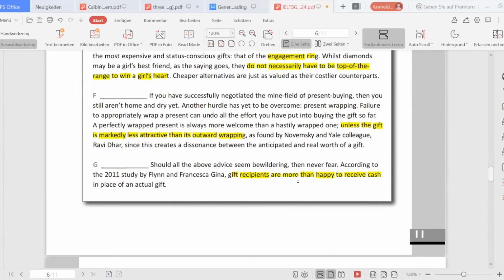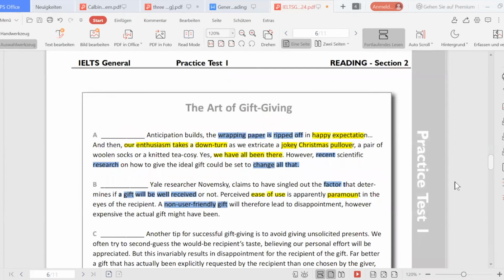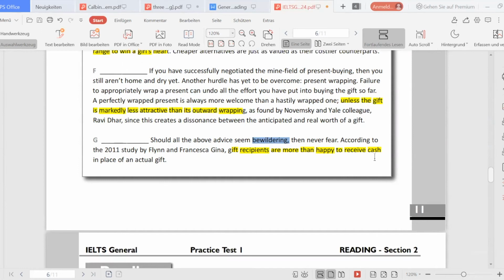More than happy is a high degree adjective. You could also say bewildering is a strong adjective. However, it doesn't really help. Sentence 1 is shorter than sentence 2.